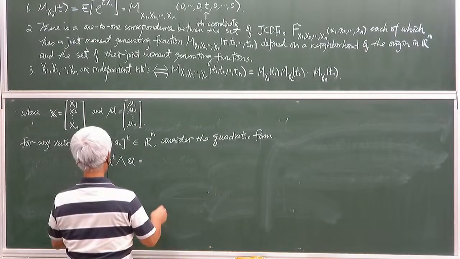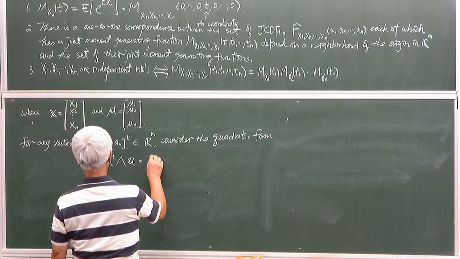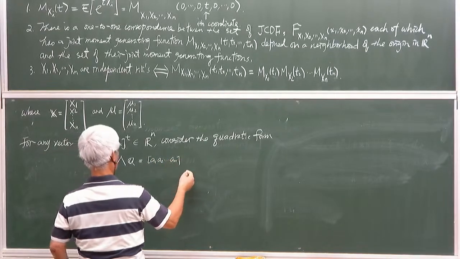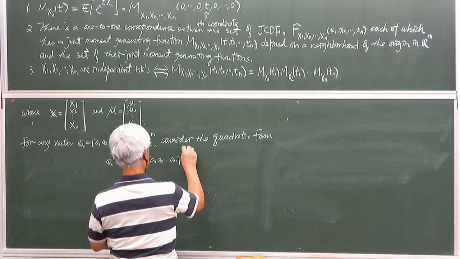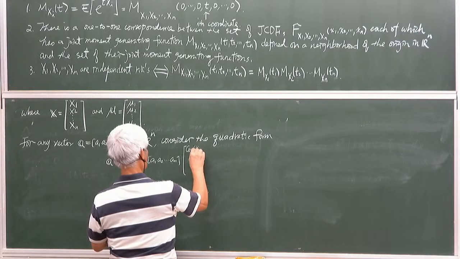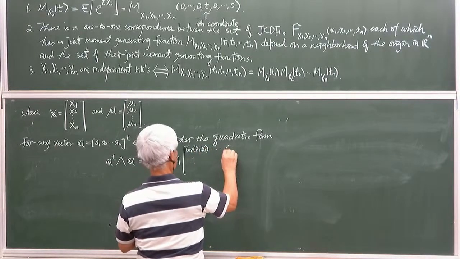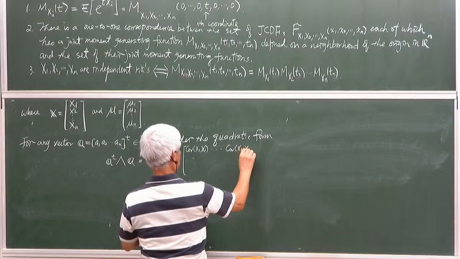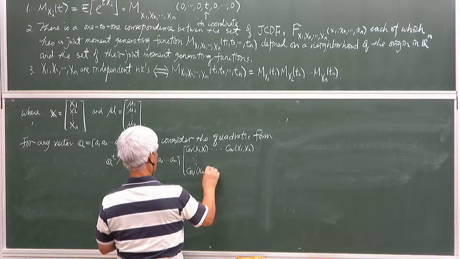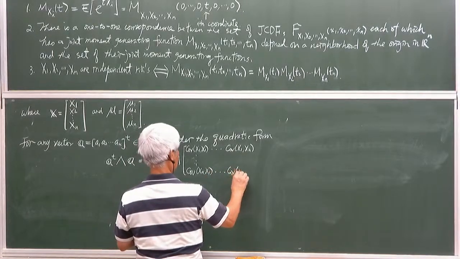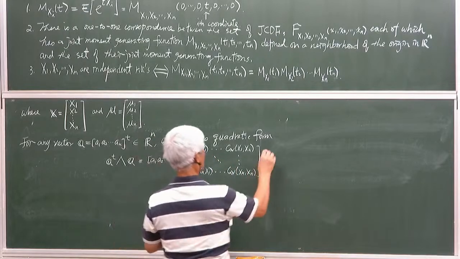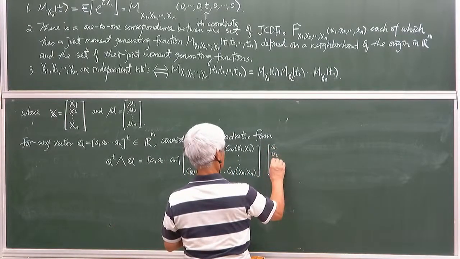Okay, and so this is actually a1, a2, and the lambda. So we have the covariance, and a1, a2.